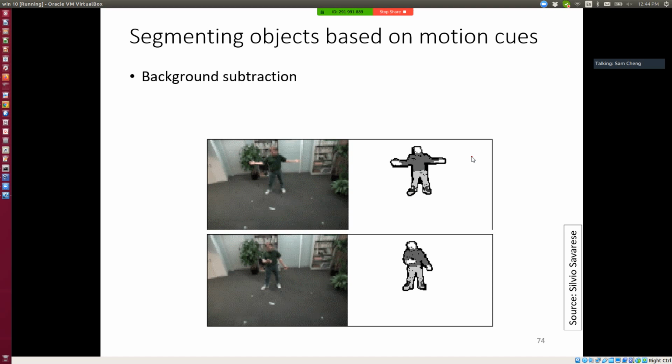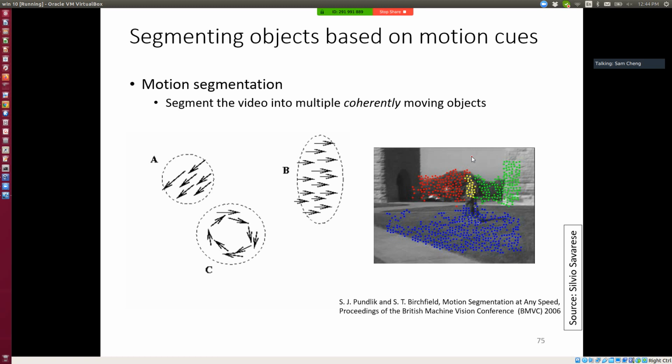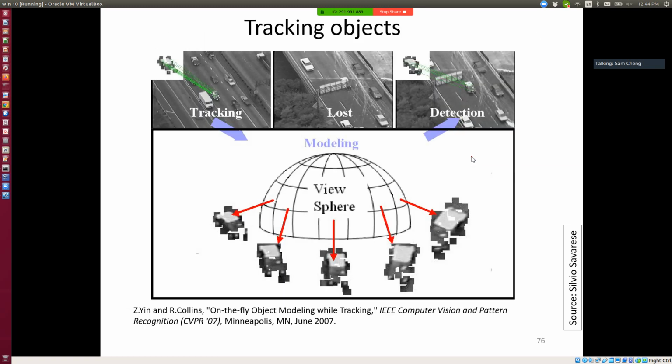And apparently you can do something like background subtraction. If your camera is steady, then once you catch what's moving, it's very easy to know what is the foreground and what's the background. And you can do segmentation and motion segmentation. It's basically the same principle as foreground estimation.